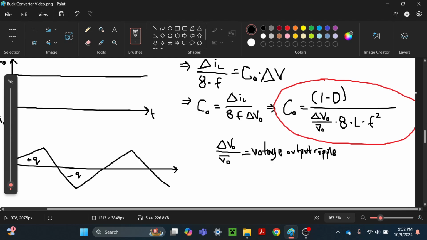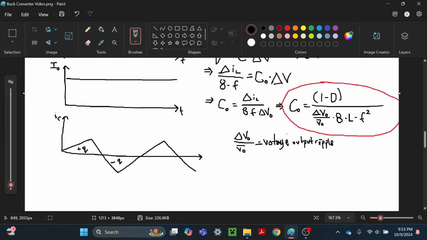And ideally you want that to be 0, but when you're trying to minimize that, you can tell from the equation, as the voltage ripple approaches 0, the value of the capacitor is going to approach infinity, right? So basically, minimizing the output ripple is going to increase the capacitance, but increasing the switching frequency is going to decrease the size of the capacitor you need. So that's also helpful to remember. Increasing the switching frequency will decrease the size of that capacitor.